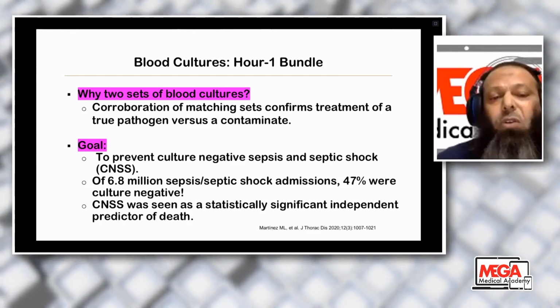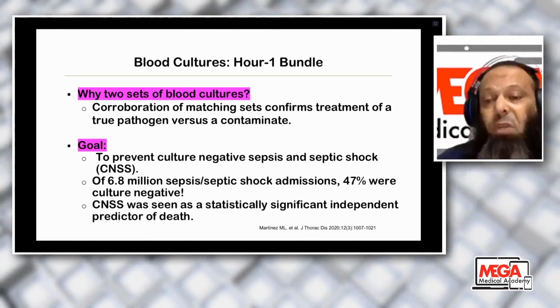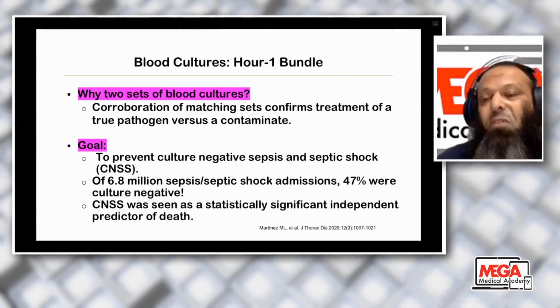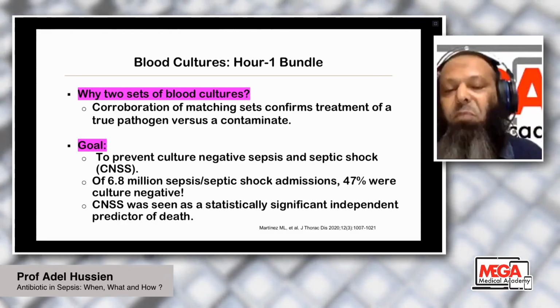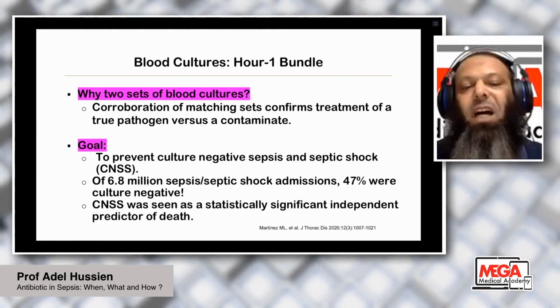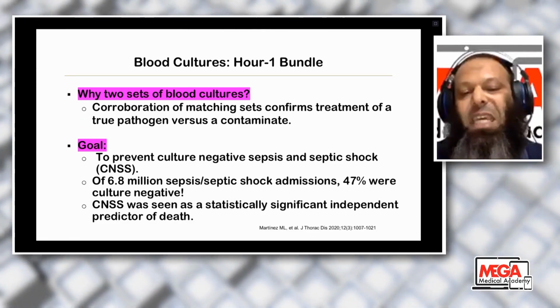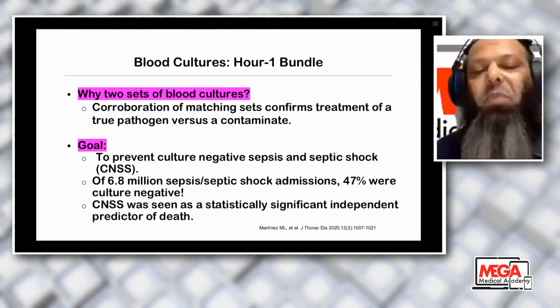Out of 6.8 or 7 million septic shock admissions, almost 47 to 50% were culture negative. So you can imagine about 50% of sepsis and septic shock are culture negative. Culture negative sepsis and septic shock was seen as a statistically significant independent predictor of death.